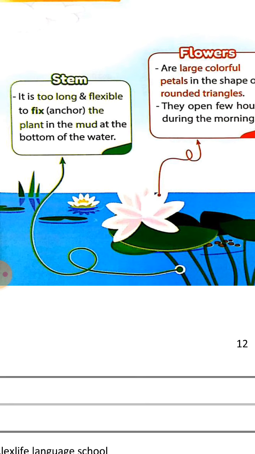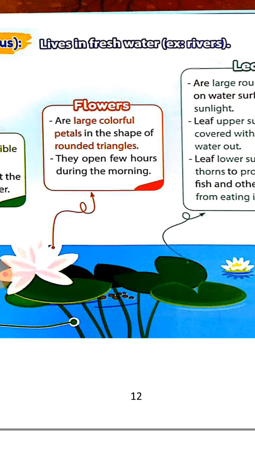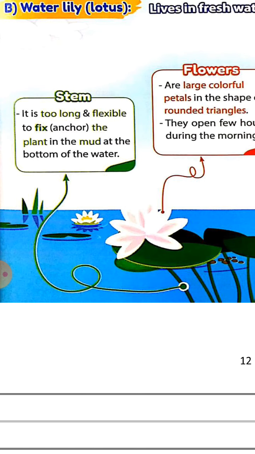Stem is too long and flexible to fix or anchor the plant in the mud at the bottom of the water. Okay, we can consider this trait a trait that helped the water lily to survive because the very long stems helped it to be fixed in the mud.